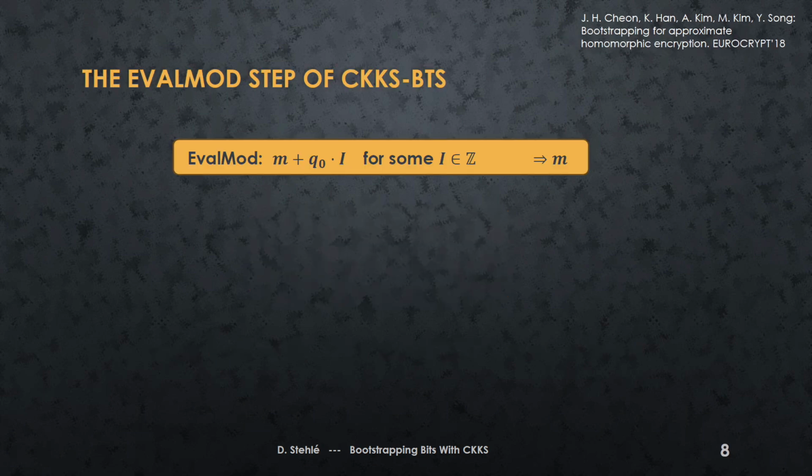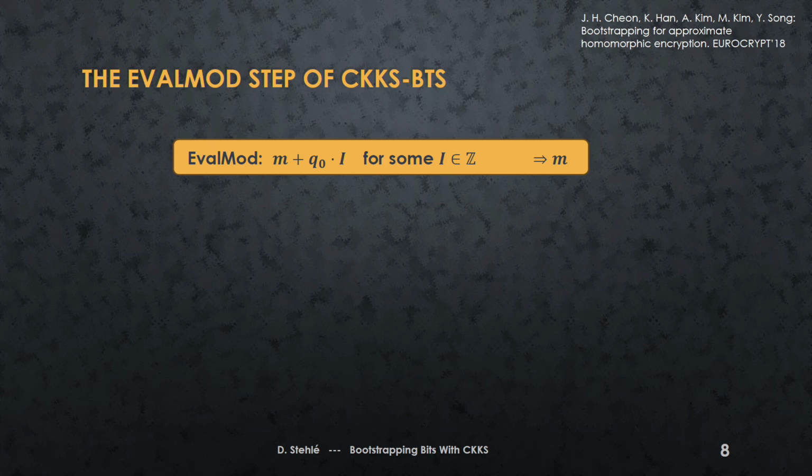I'm not going to do reminders on the whole CKKS bootstrapping because it's pretty hairy and we don't need it. At some stage in CKKS bootstrapping, there is an EvalMod step, and that's what we are going to look at. So EvalMod is doing the following. This is on regular ciphertext. EvalMod takes an m plus q0·I, where q0 is a so-called bottom modulus, and I is some integer.